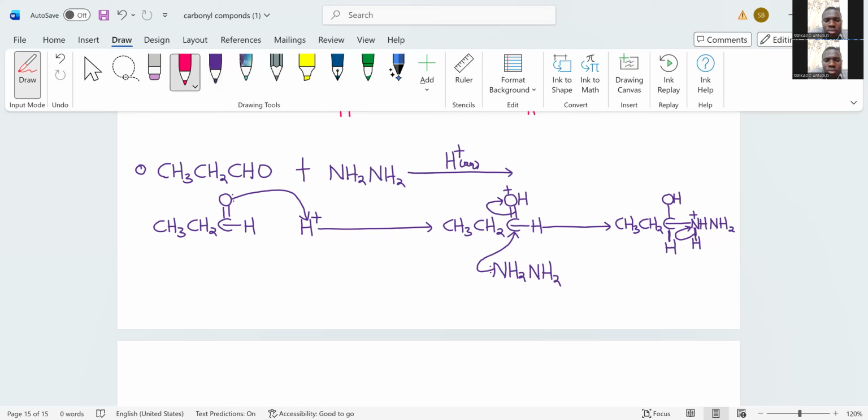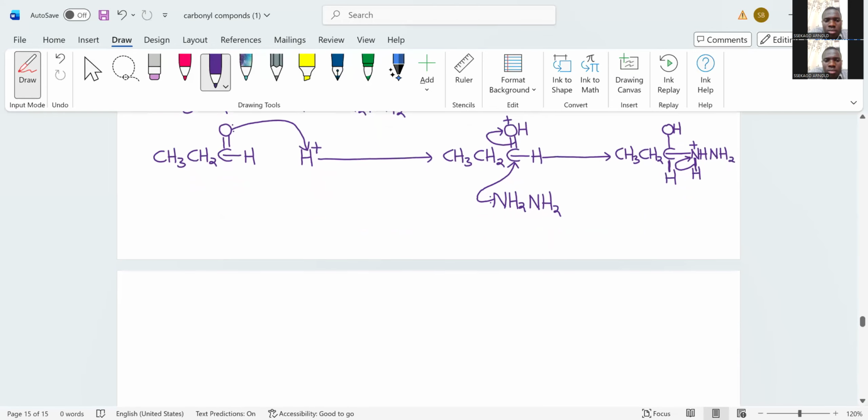I want to claim that this oxygen up here is electron rich. There are lone pairs of electrons on it. Therefore, hydrogen has to go to that atom that has electrons. In this case, it is that. So what do we have? So it goes there up.